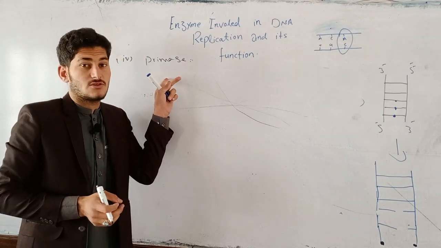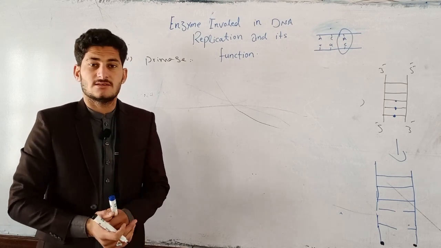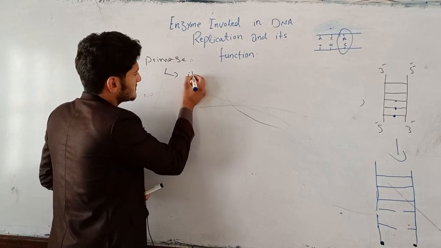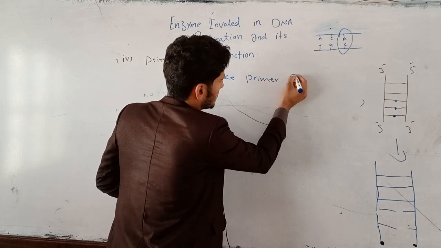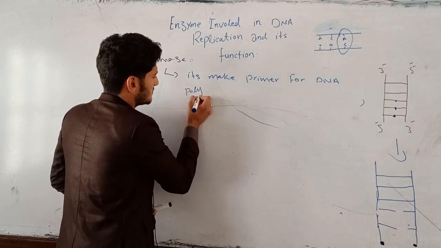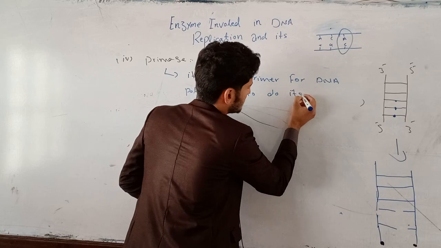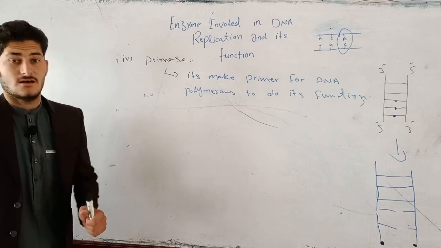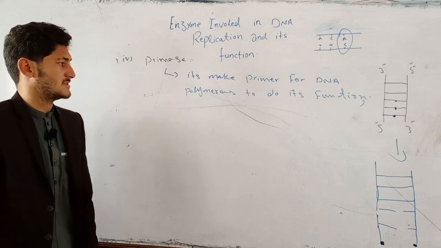So the primase enzyme is the enzyme which makes the RNA primer for the DNA polymerase enzyme to do its function. Without a primer, DNA polymerase cannot do its function, so this is the drawback of the DNA polymerase enzyme.